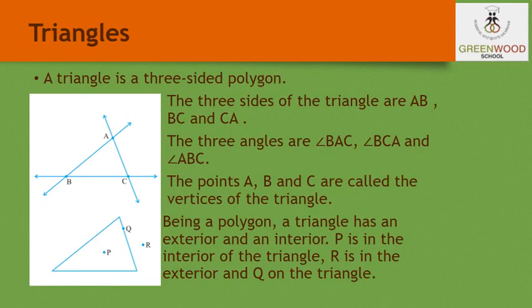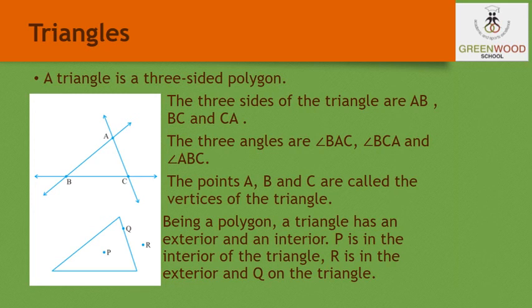Now we'll learn about triangles. A triangle is a three-sided polygon as we studied earlier. The three sides of the triangle are AB, BC and AC. There are three angles, angle ABC, angle BCA and angle BAC.